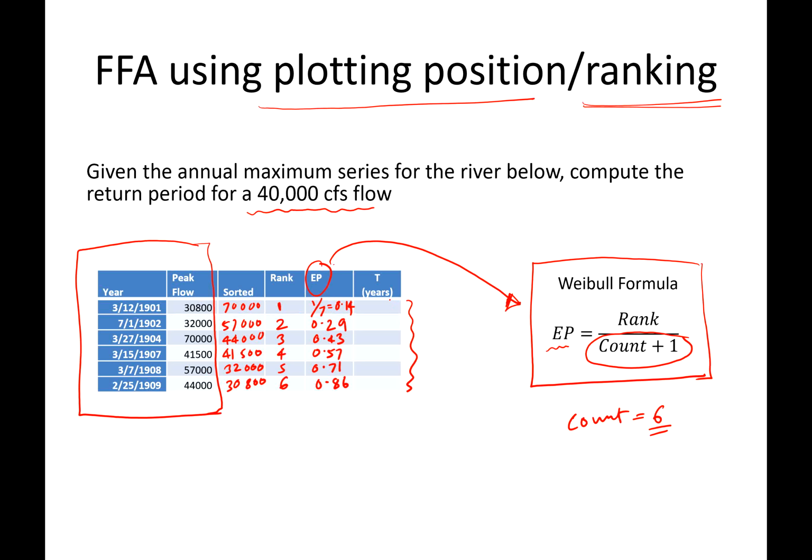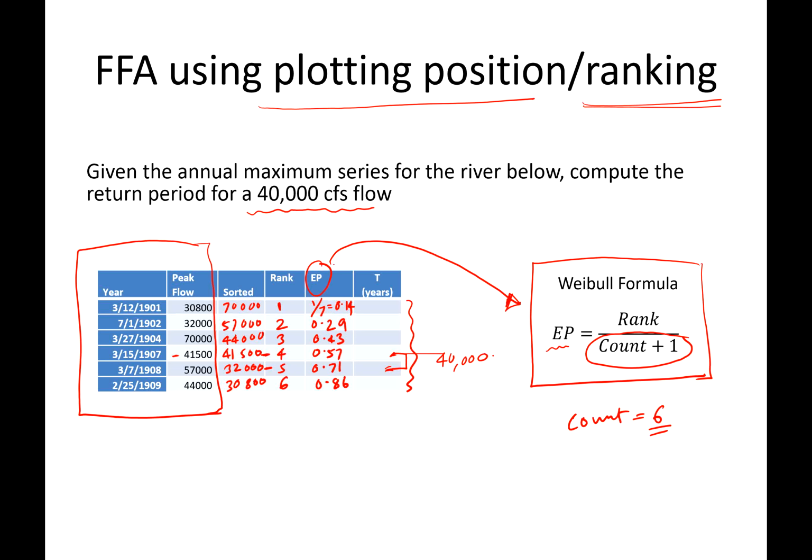So what you do is once you get the return period, you interpolate. So we have 41,000 and then we have 32,000. When you get the return period for these two rows, you can interpolate between them to get the value corresponding to 40,000 CFS.